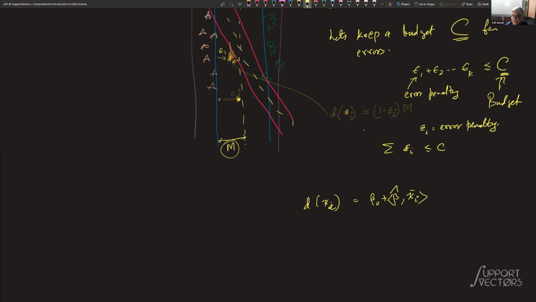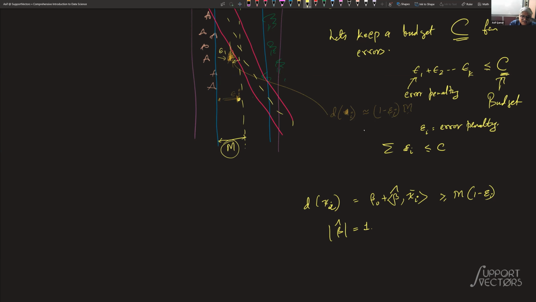And we are saying that for some mistake, it has to be greater than or equal to some amount M(1 minus epsilon). It means the margin must be the distance from the margin. You should still have reasonable distance from the margin, but you allow for some errors. Now you also realize that the magnitude of beta hat is equal to 1. That's a constraint, isn't it, in this equation?